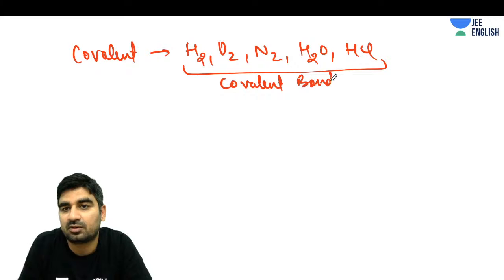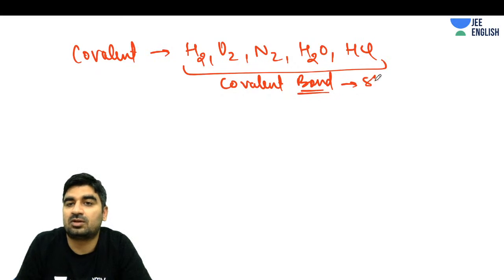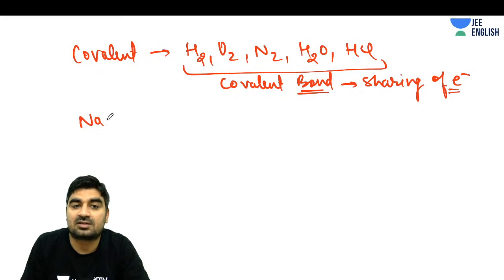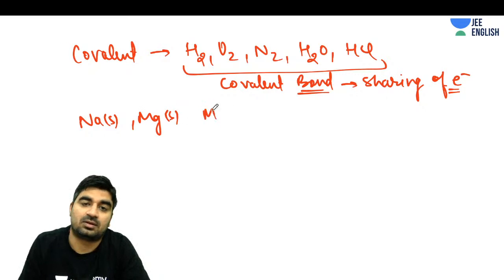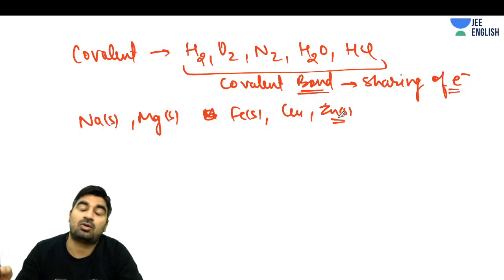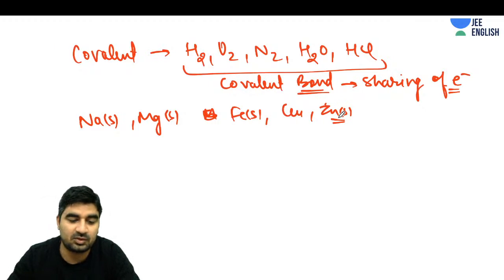And what is covalent bond? Yes, these bonds are formed by sharing of electrons, right? But if I talk about the metals, Na solid, Mg solid, and iron, copper, zinc, in all these metals, we don't have any covalent bond. So why do we talk about the covalent radius for them?